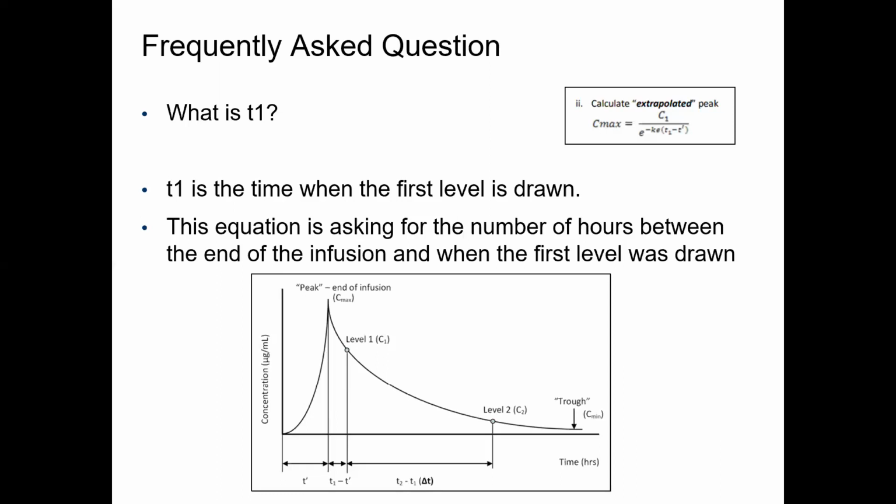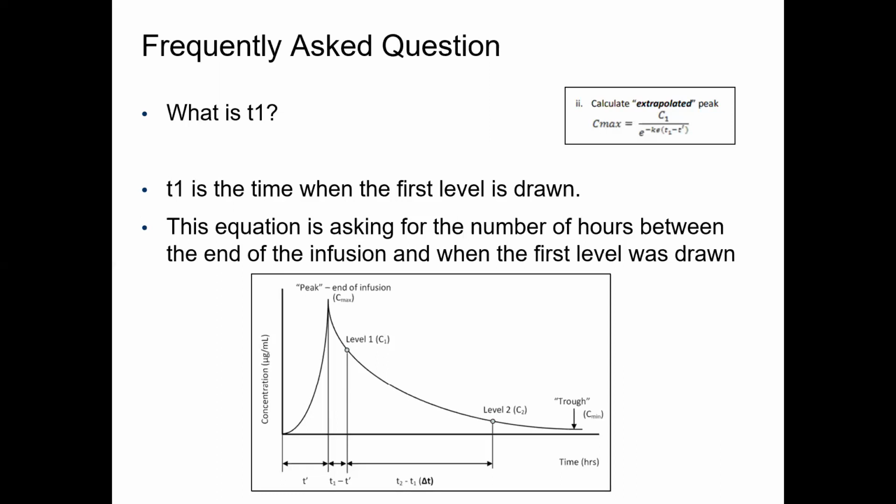So T1, when you're putting these times into the equation, it's not necessarily the exact time. It's really the difference between times usually, or the number of hours between this and this. So this specific equation is asking for the number of hours between the end of the infusion and when the first level was drawn. So you can see here in this diagram on the bottom left, you see T prime, which is when the infusion starts, all the way through the end of the infusion.